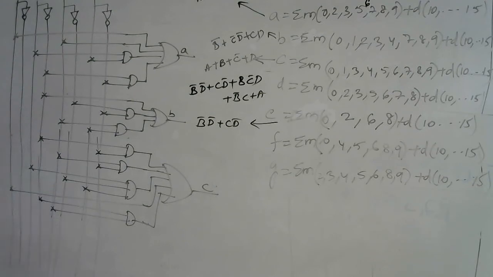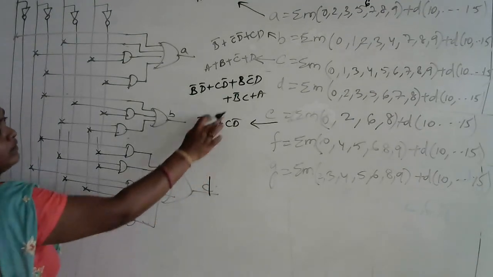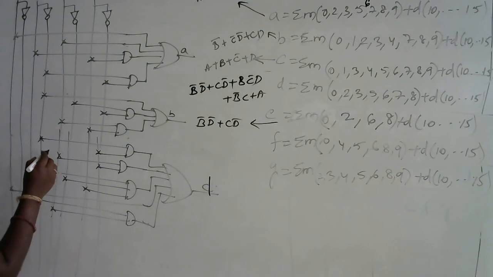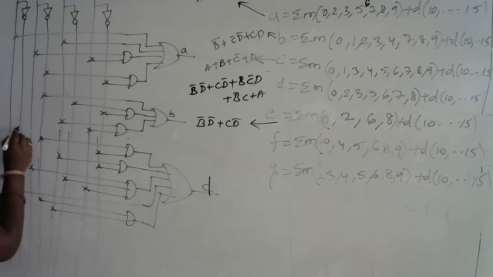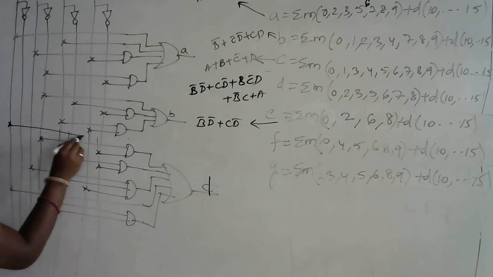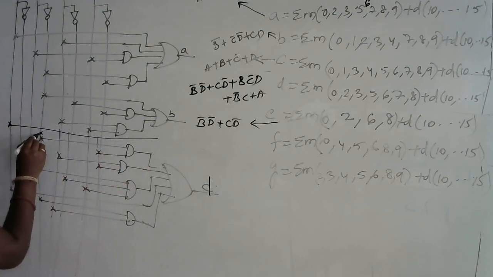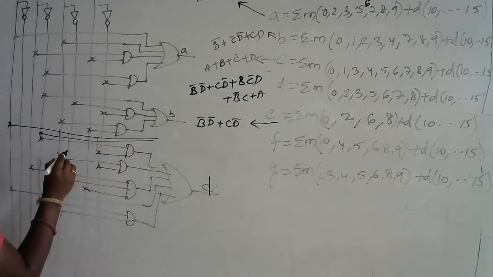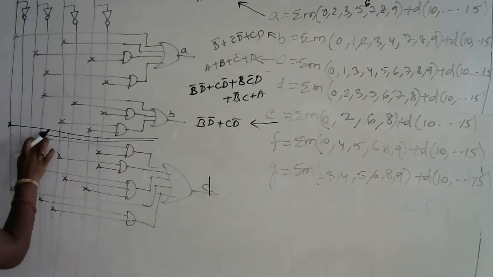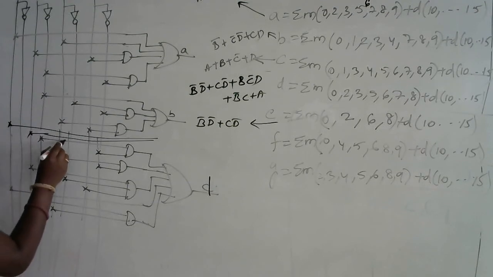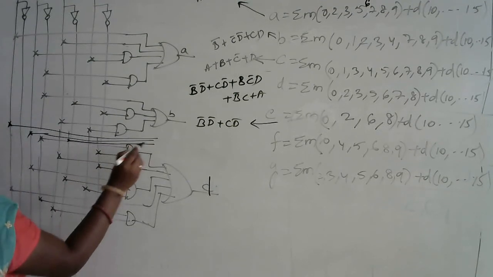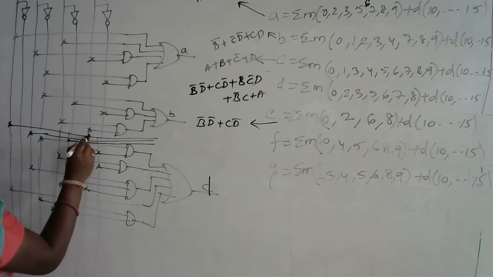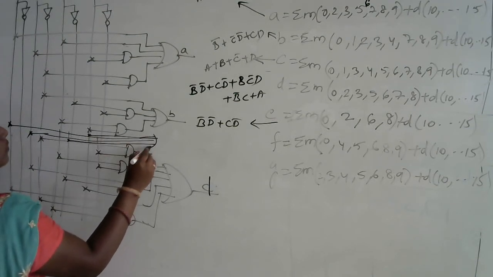Similarly, just expand these lines. Whatever the expressions which we are getting, sorry, this is for D because this is the expression for D. For C actually we are having A, B, C bar D. So this is A, next is B bar, not B bar, this is B. B, C bar, the last one is D. So connect all these four towards the OR gate.